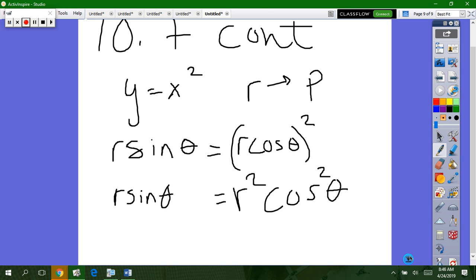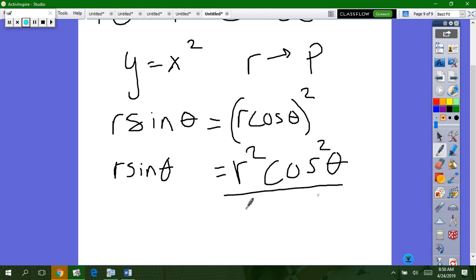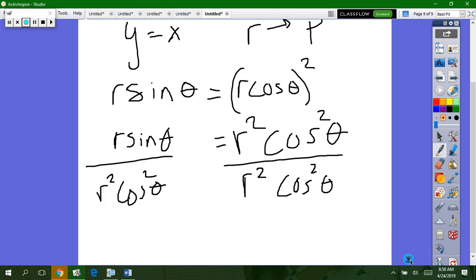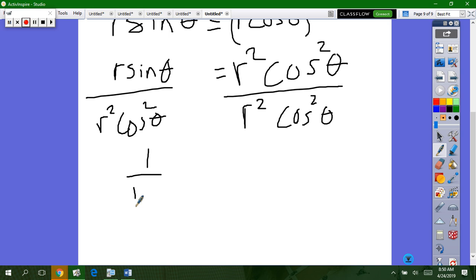I'm going to divide everything over to the right side. Nope, I'm not. I'm going to divide these guys over. What am I losing when I do that? What do I become? So 1 over r. Sine, well, I guess sine's still up here, huh?